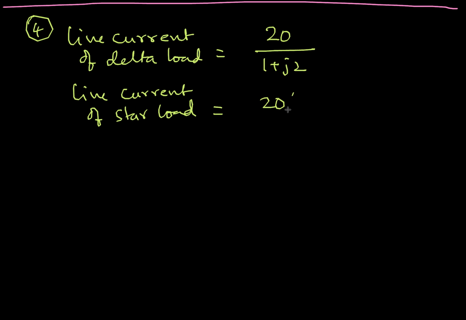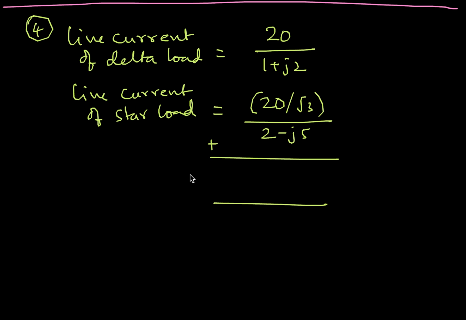First I will do 20 by root 3. This will give me the phase voltage. The phase voltage divided by the impedance, which is 2 minus j5, will give me the phase current, but the phase current itself is the line current of this one. Now if I add these two, then I'll get the total line current. So the total line current of the supply.